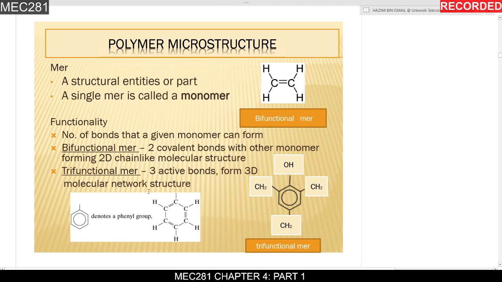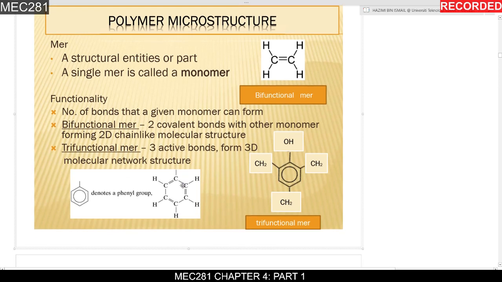A trifunctional mer has 3 active bonds and forms a 3D molecular network structure. Okay, can you see the pattern here? Bi is 2, so it contains 2 covalent bonds with other monomers, right? And 3 means that it has 3 active bonds that can form a 3D molecular network structure.